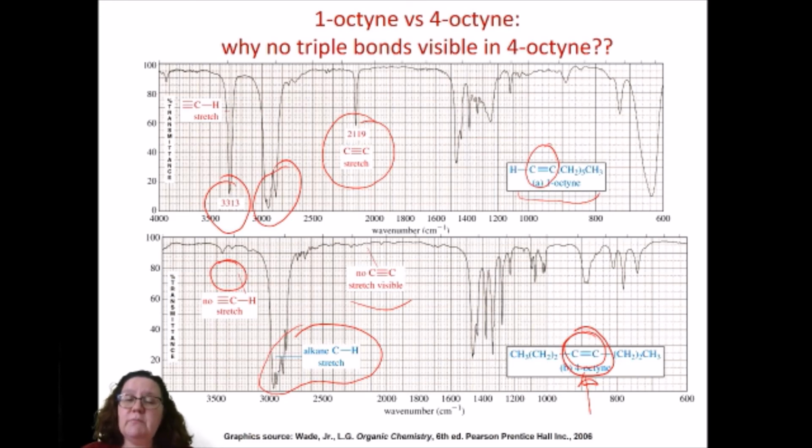Because it doesn't change the dipole moment of the molecule, it's not visible in the infrared spectrum. So in this case, the CH stretch for the sp carbon-hydrogen bond is not visible because there aren't any, and in this case the triple bond is not visible because that stretching mode will not change the dipole moment of the molecule.